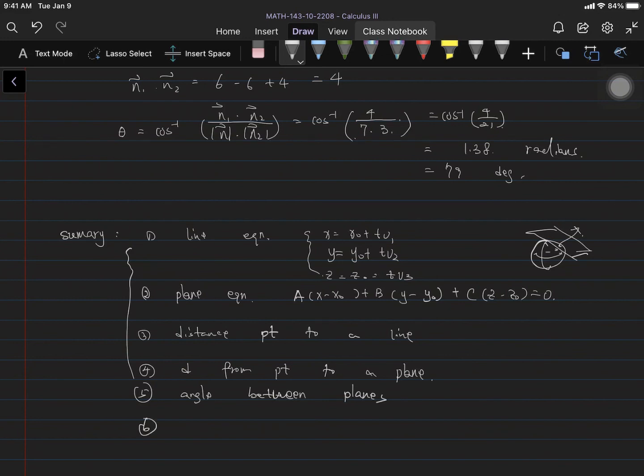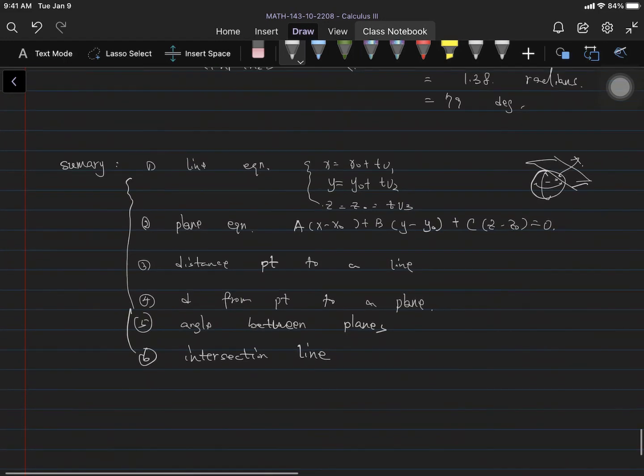And we also learned the intersection line of planes. And what else? Intersection. This is the point, right? The point of line and plane. Those things, right? And I can give you the formulas.